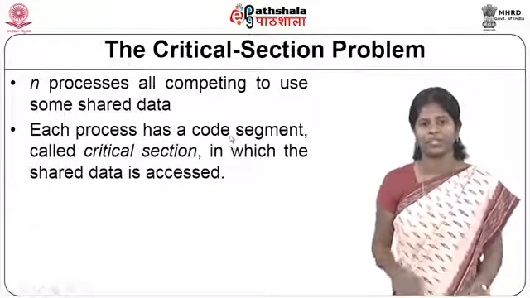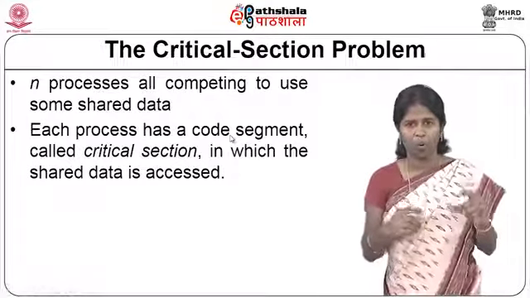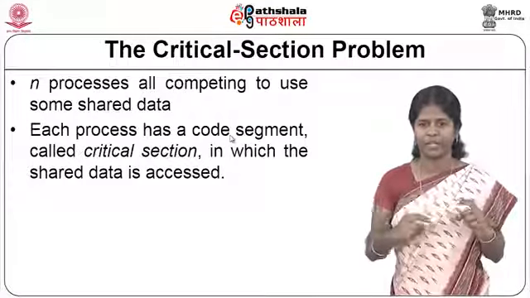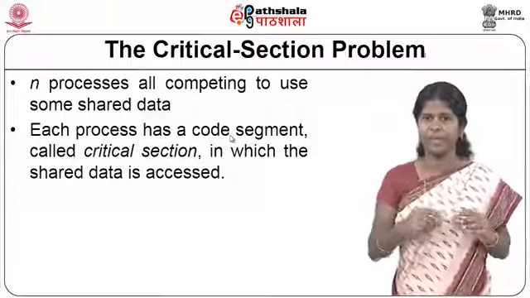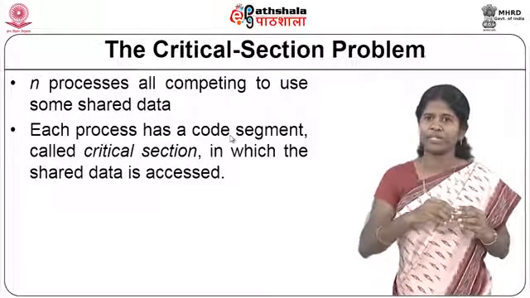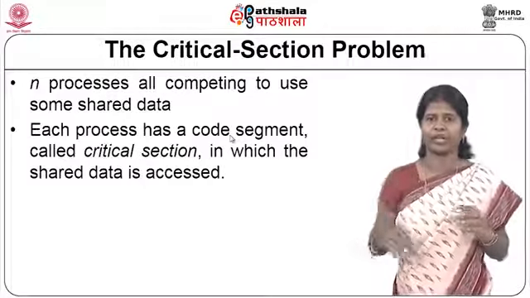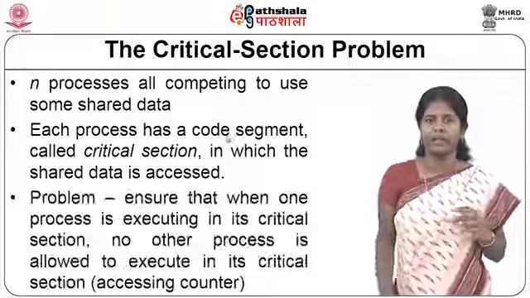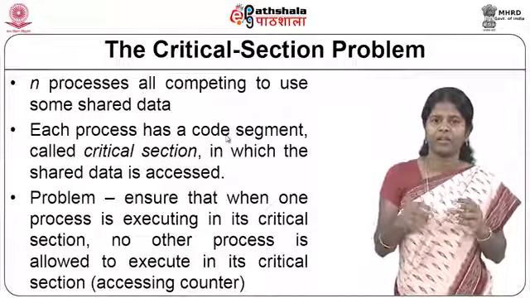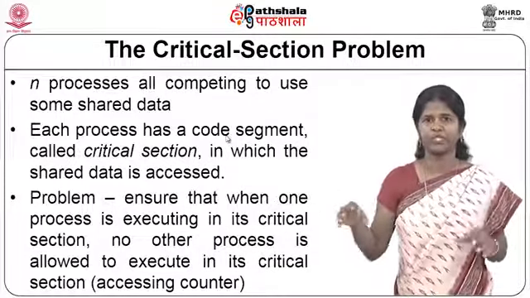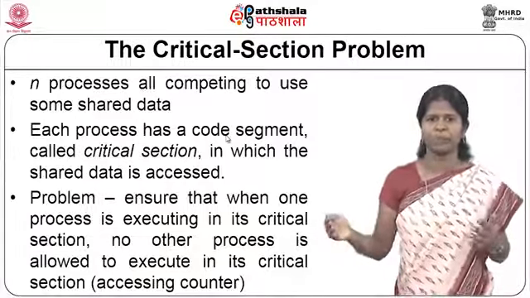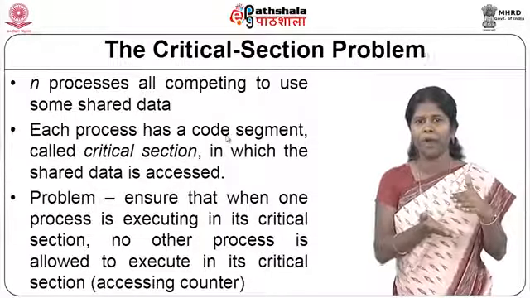Each process has a code which is called the critical section, and that critical section of code is the place where each process is accessing that common shared data. In the example that we had seen, you have two processes, the producer and the consumer, and both have one critical part of code.